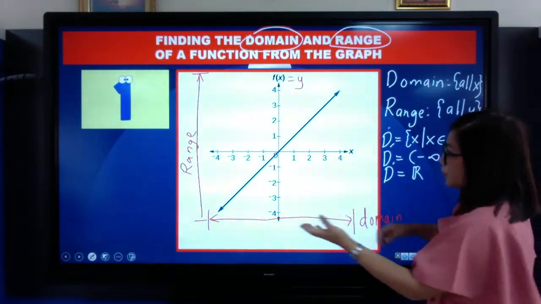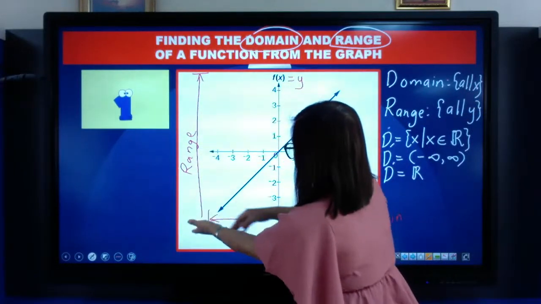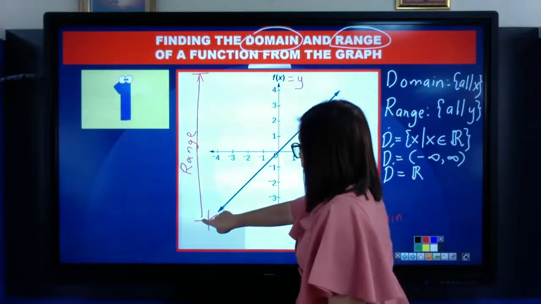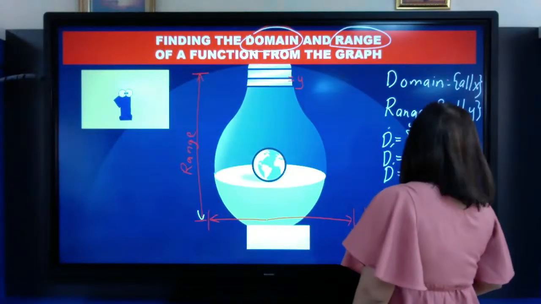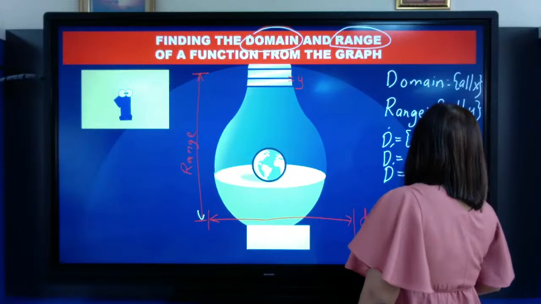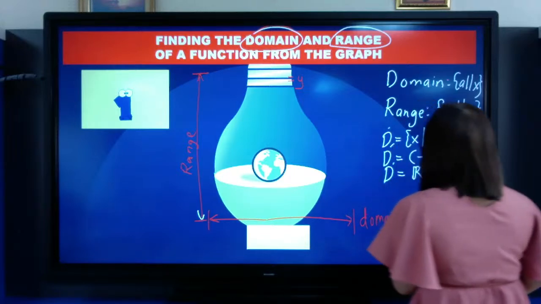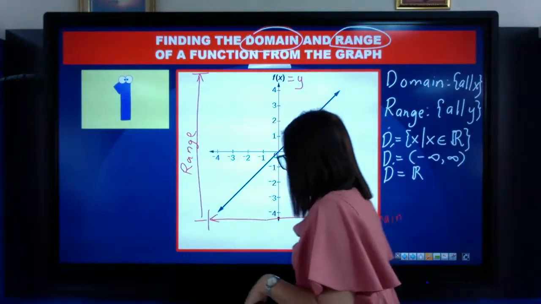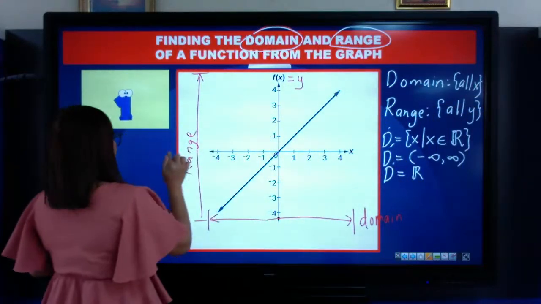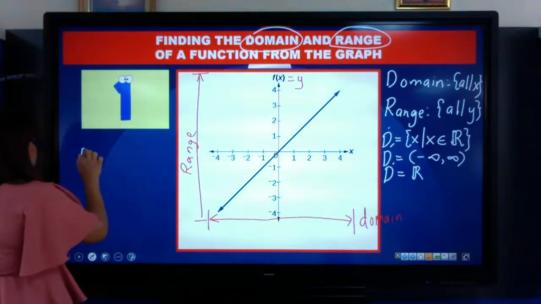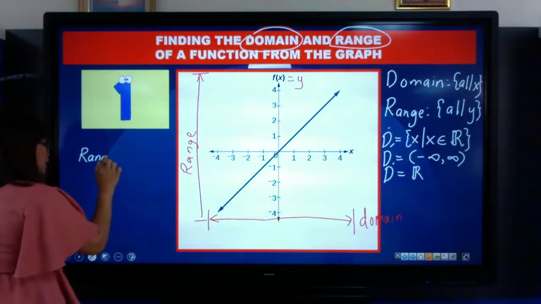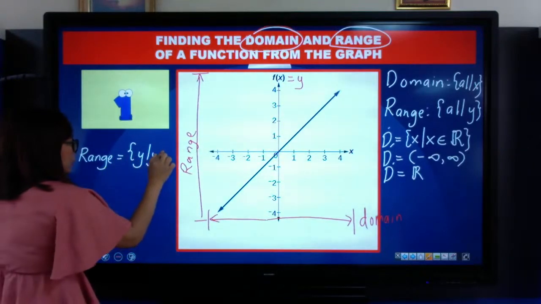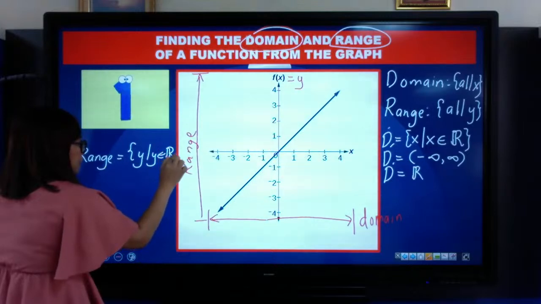Okay, how about for the range? You look for the range. Arrow down. Okay, we go back. For the range, the range is also the set of all y such that y belongs to the set of real numbers.